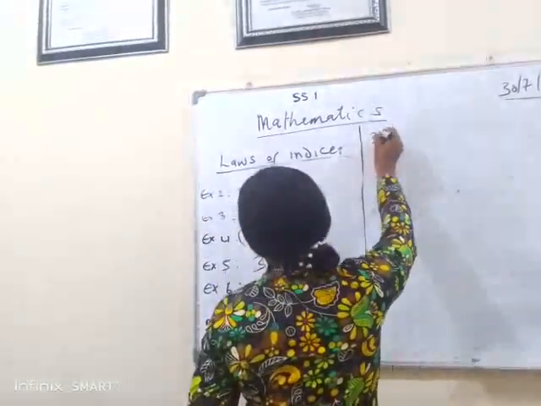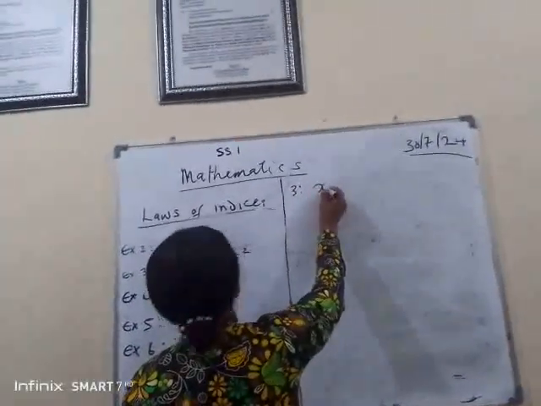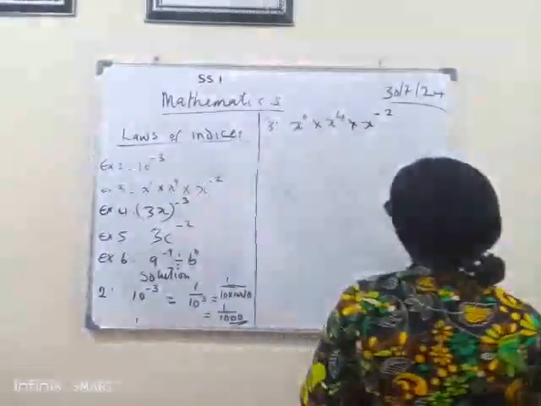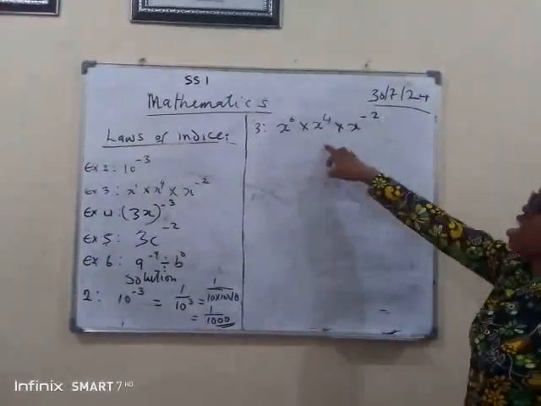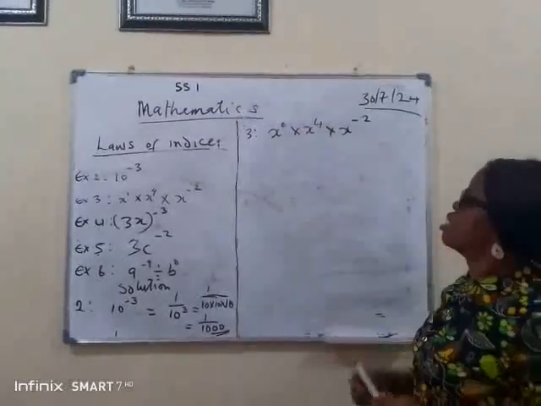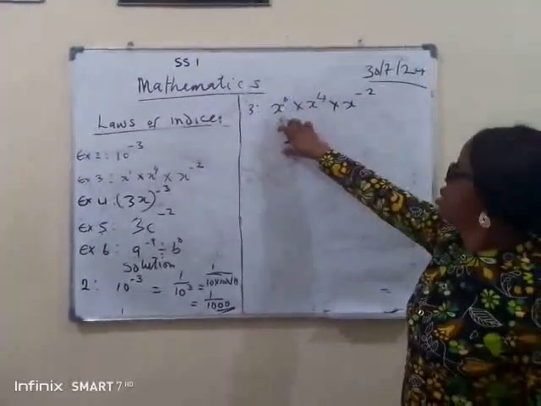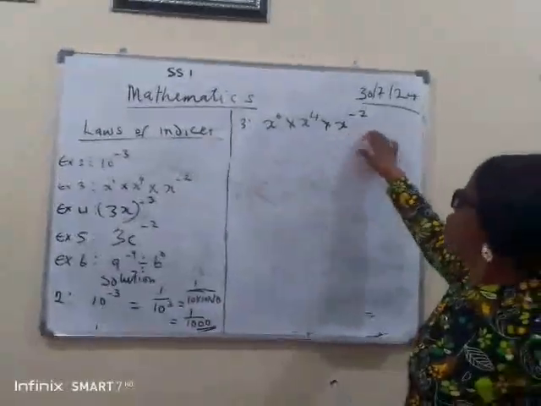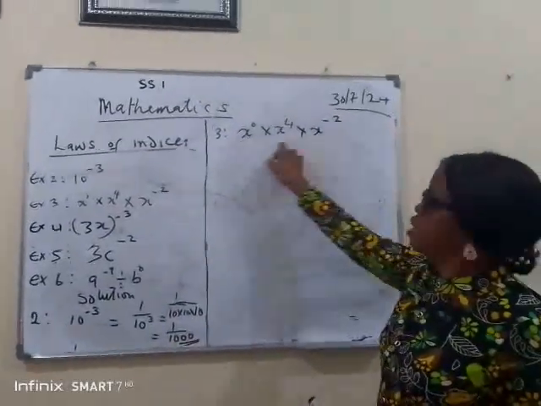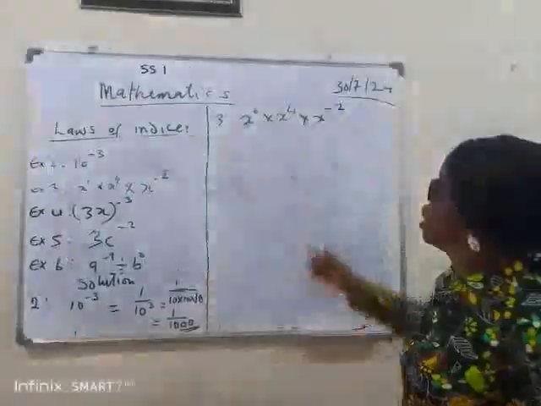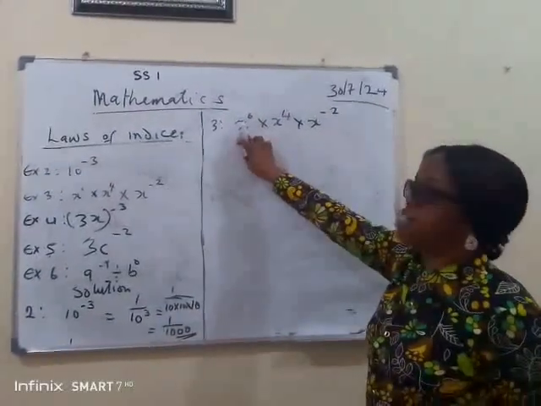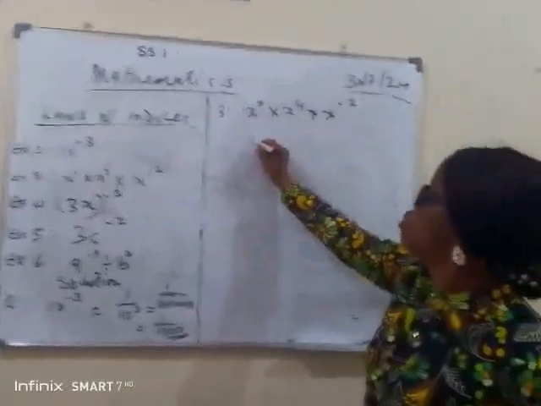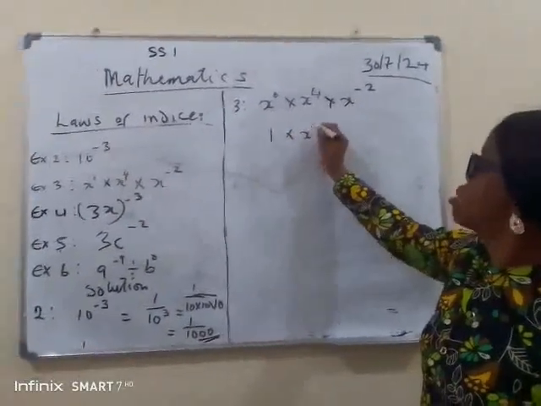So, example number 3. We have x to power 0. Okay, example number 3. Remember the power 0 law. Each and every one of them obeys their law. So here, anything raised to power 0 is 1. I will put 1, multiplied by x to power 4.